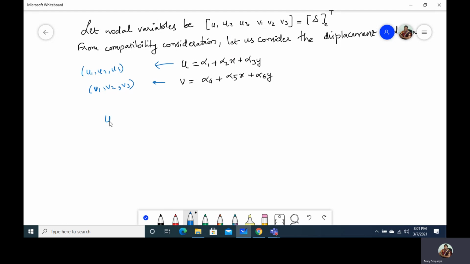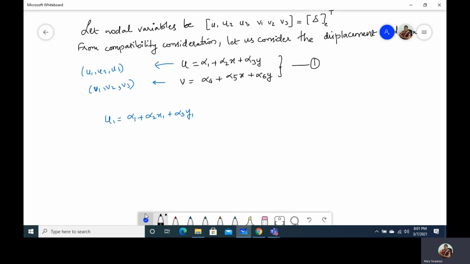Now taking the same displacement model, u1 will be equal to alpha 1 plus alpha 2x1 plus alpha 3y1. Before that, let us take these as equation number 1. Right.